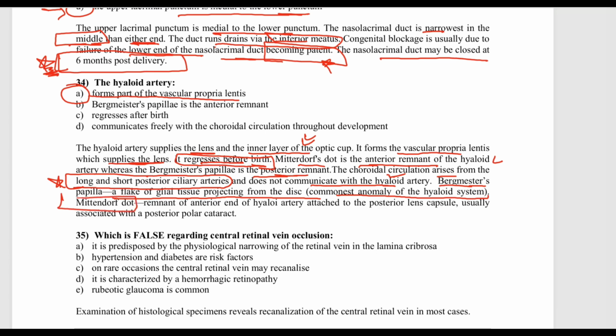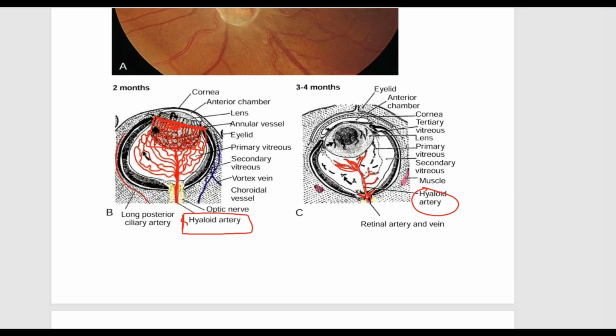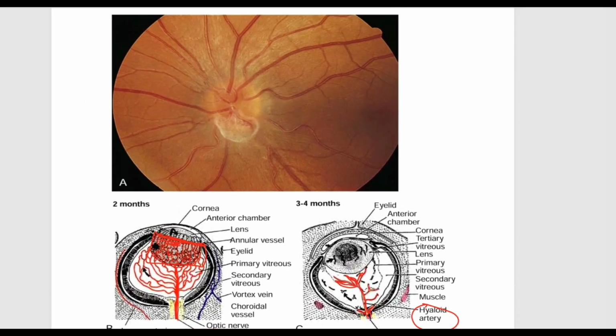The Mittendorf dot is the remnant of the anterior end of the hyaloid artery and is attached to the posterior lens capsule. Very important point. It is usually associated with posterior polar cataract. Look here, this is the glial-like structure showing here.